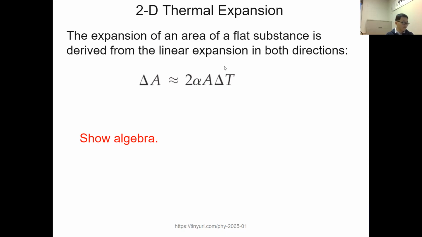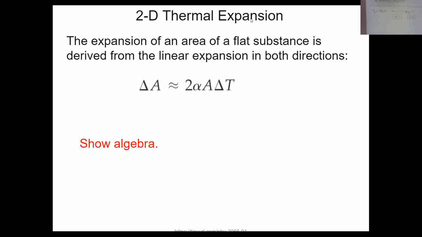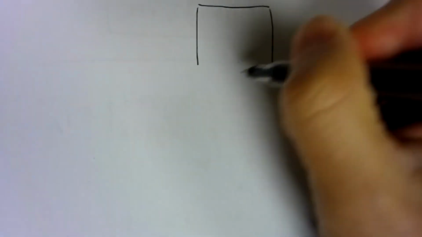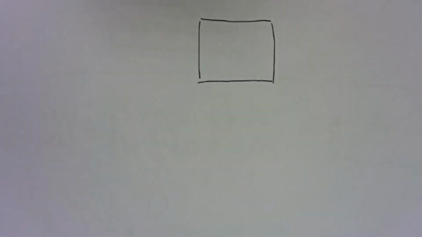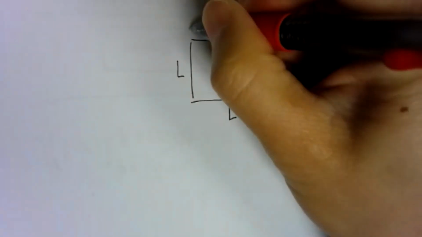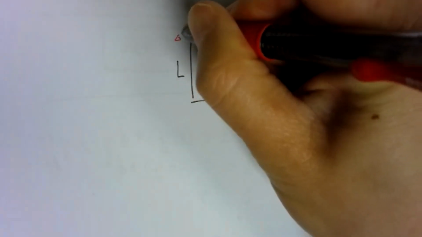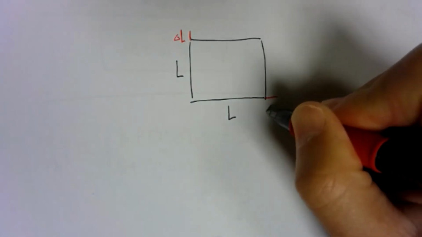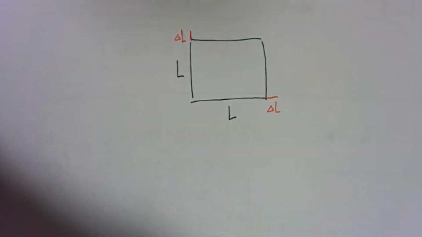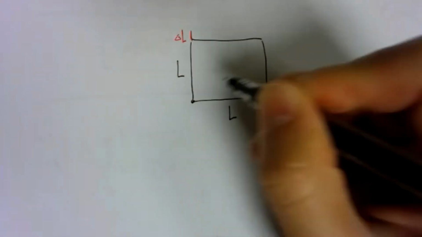Let's take a look at the algebra here. For simplicity, we are just going to assume this is a square sheet of material with side length L. Let's say there's a temperature increase of delta T. This is L, and this is also L. Vertically, it will expand by delta L, and horizontally it will also expand by delta L. I'm going to say I'm fixing the sheet at this point, so it's expanding in that direction.